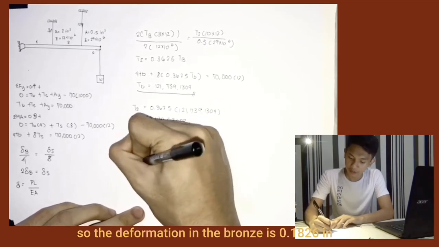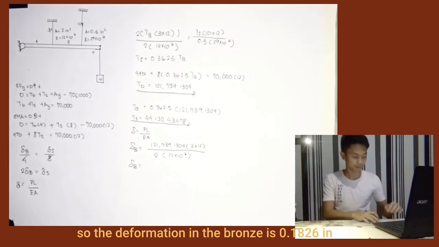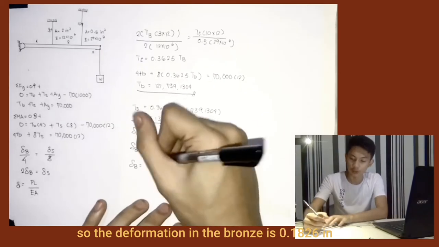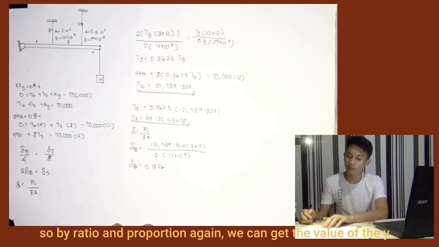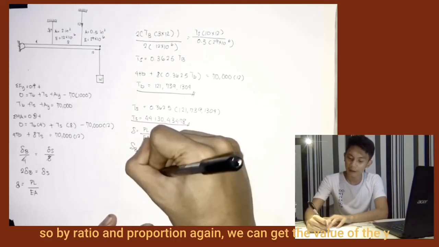So the deformation in the bronze is 0.1826.